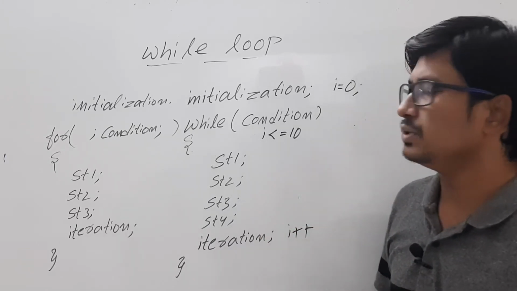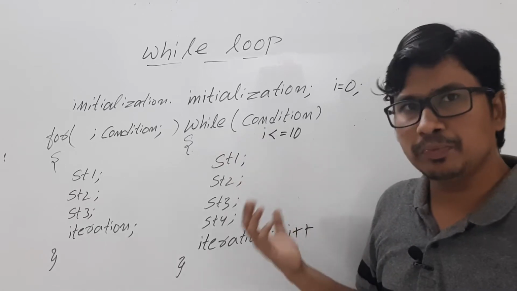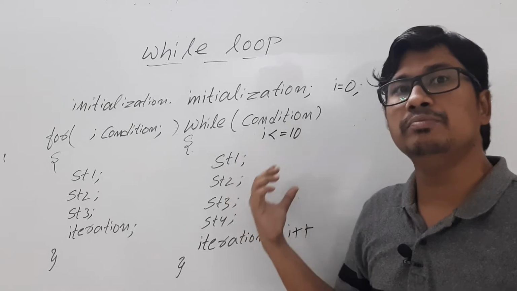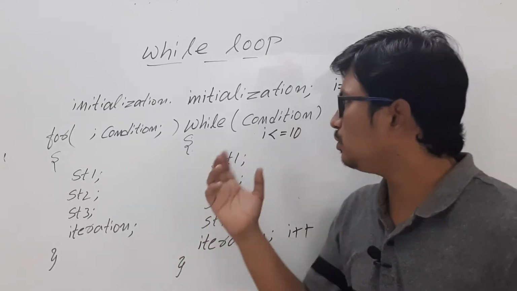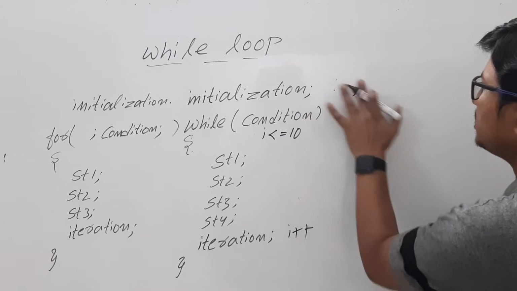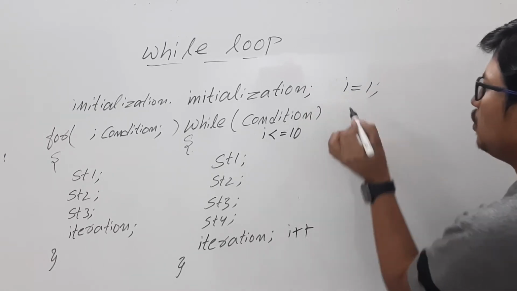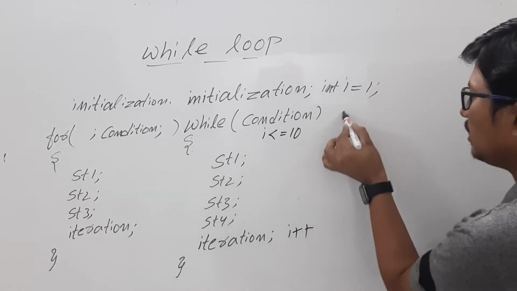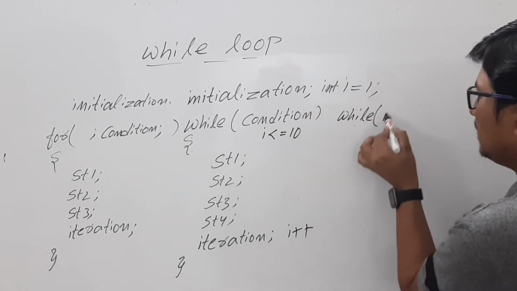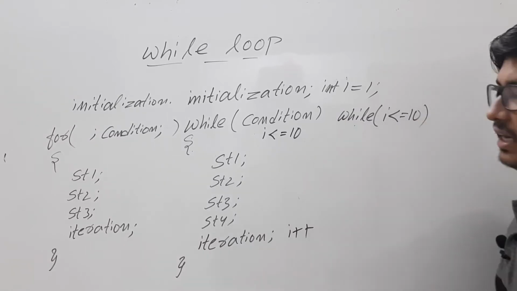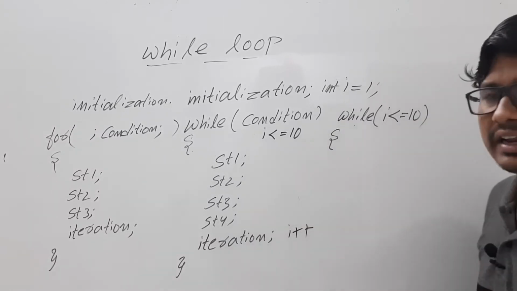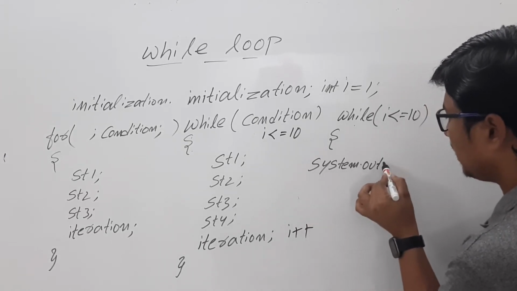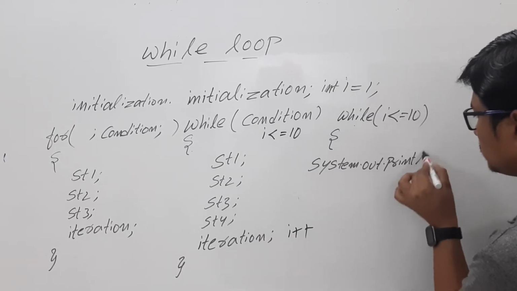Now I will write a simple program to display the values from 1 to 10. For the initialization I will write int i = 1, and then while i <= 10, and then here I will write System.out.println of the i value.